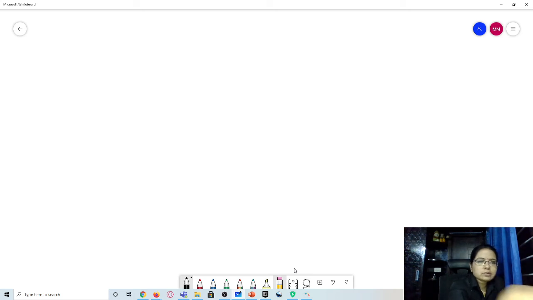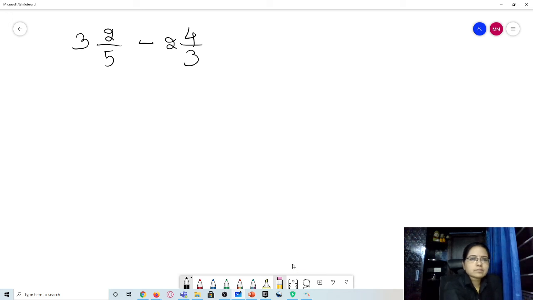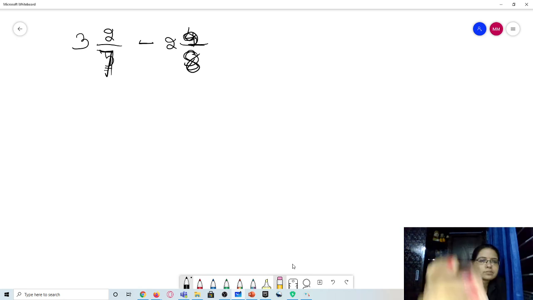Now subtracting mixed fractions. How to subtract mixed fractions? 3 and 2 divided by 7 minus 2 and 2 divided by 8.